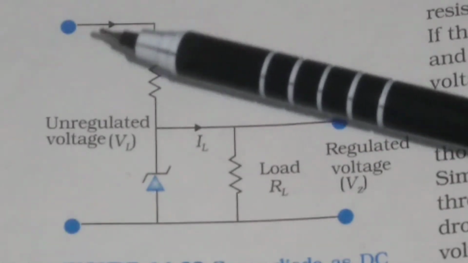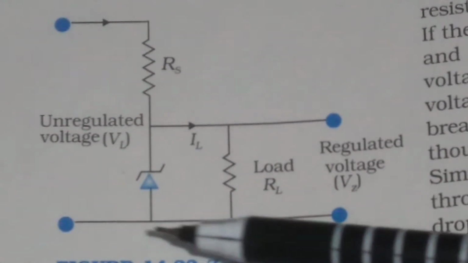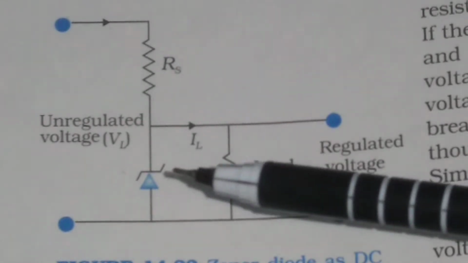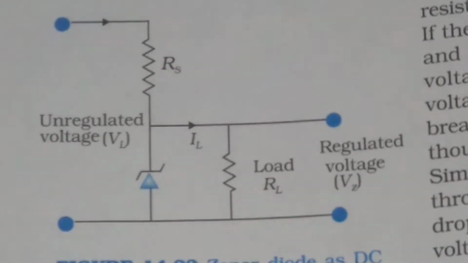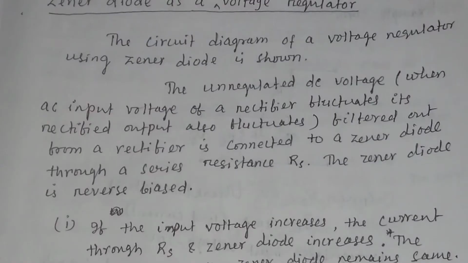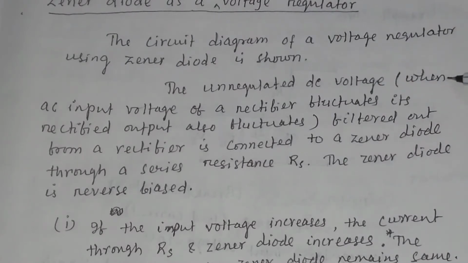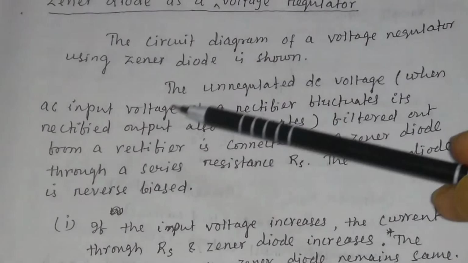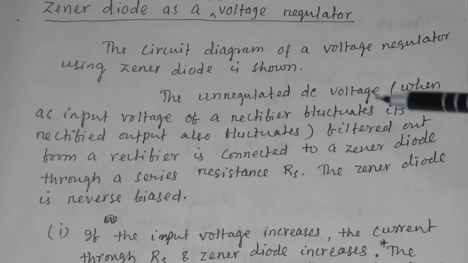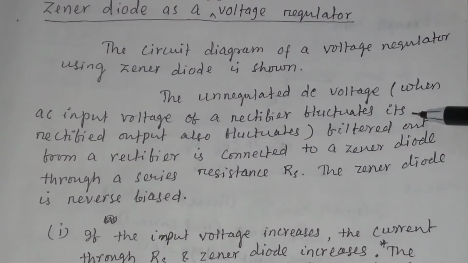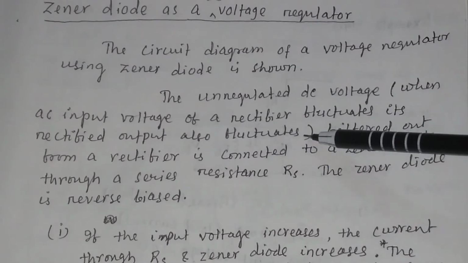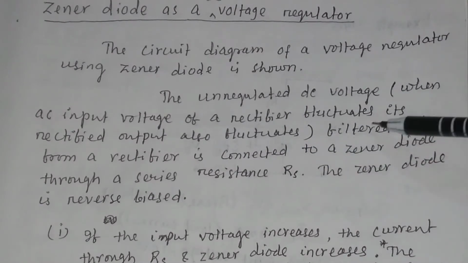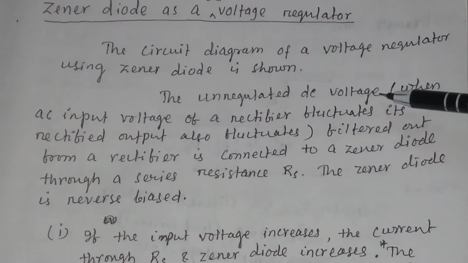So the unregulated input voltage can be regulated by means of this Zener diode. Unregulated DC voltage means that when the AC input voltage of a rectifier fluctuates, its rectified output also fluctuates. That is called the unregulated DC voltage.